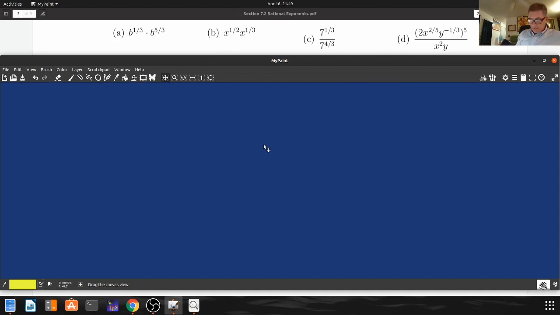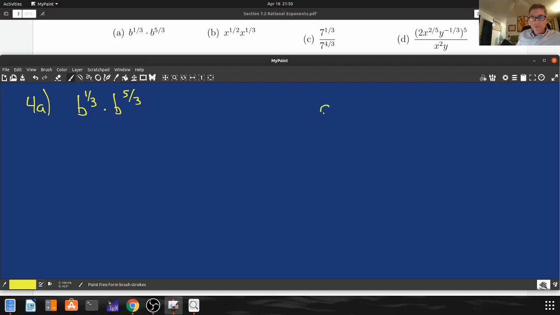So here, this is number 4, 4a. I have some base b raised to the 1/3 power times some base b raised to the 5/3 power.